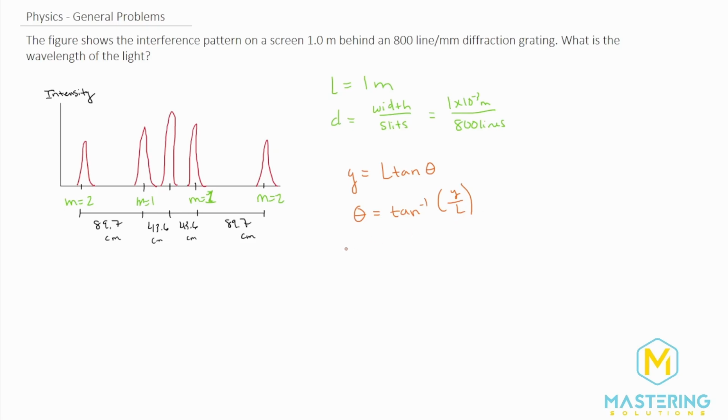Let's plug that in for m of 1. Let's do the degrees first. We have inverse tangent of y, which is 43.6 times 10 to the negative 2 meters over L of 1 meter.